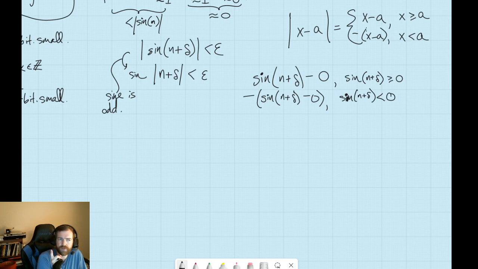But if we restrict it to arbitrarily close to n, this should work. Okay. This is the absolute value of the sine.